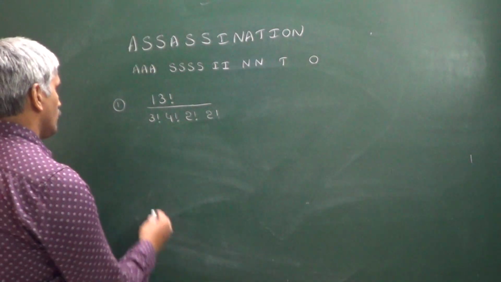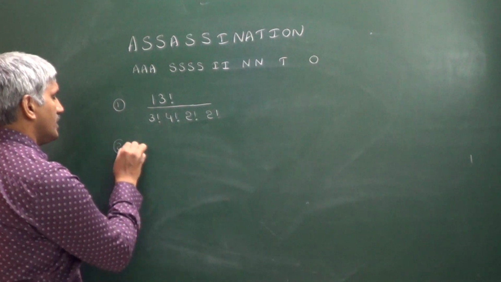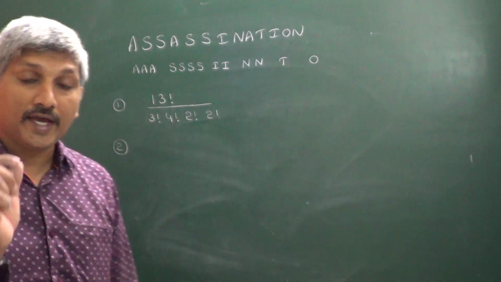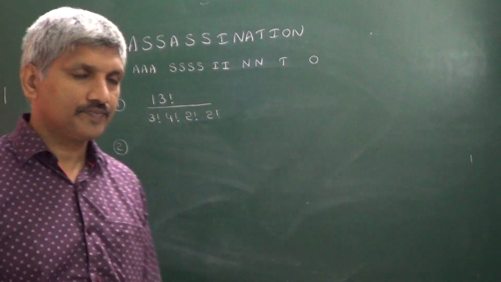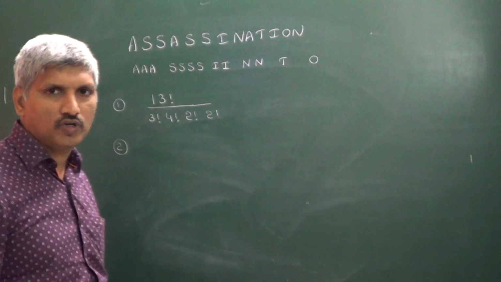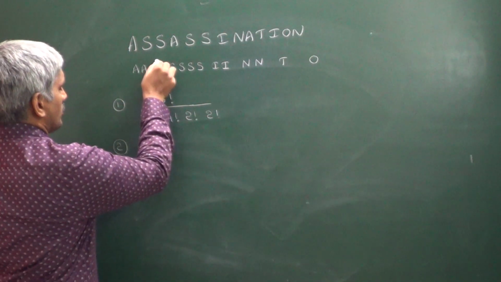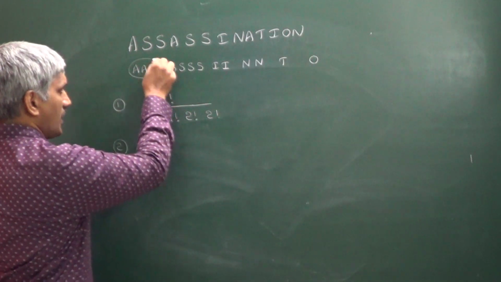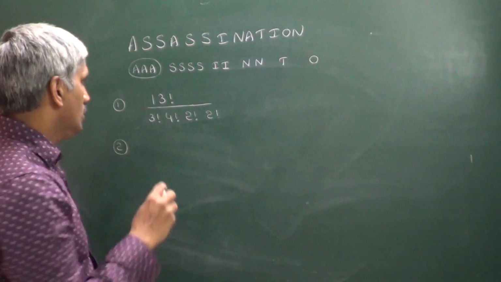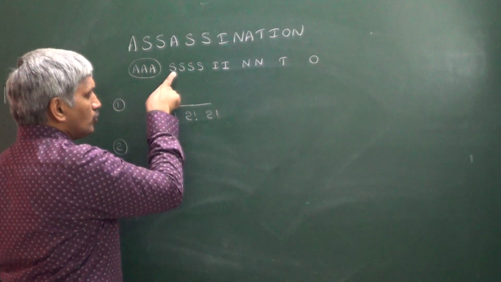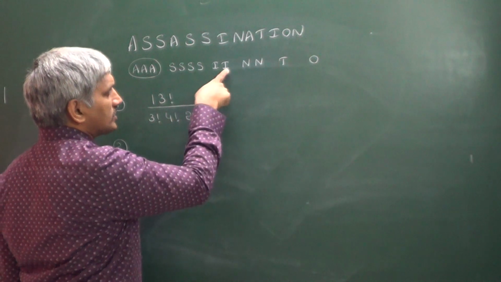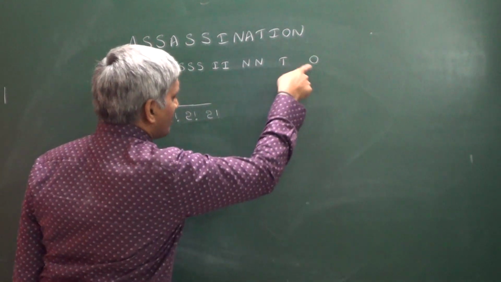Suppose he is asking to find the number of different words so that I's come together or A's come together. A's come together means we have to consider all these A's as one unit. Now 1, 2, 3, 4, 5, 6, 7, 8, 9, 10, 11 units.